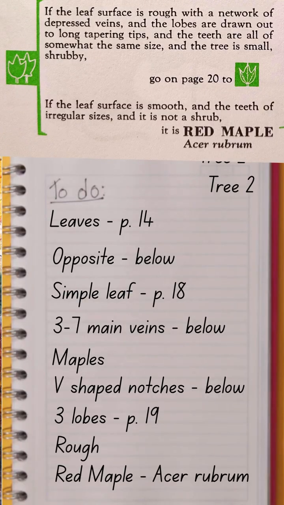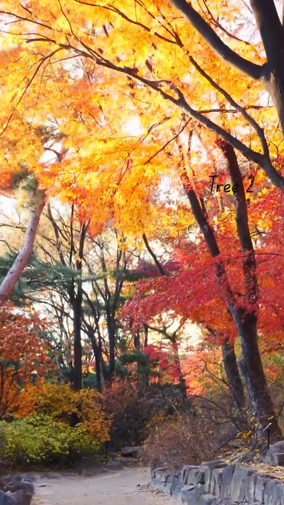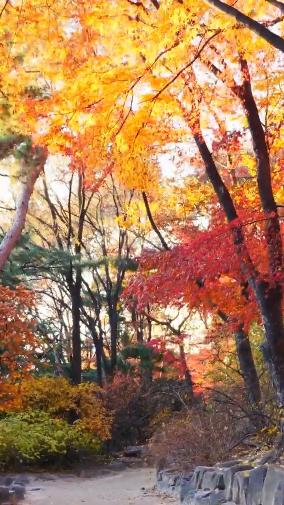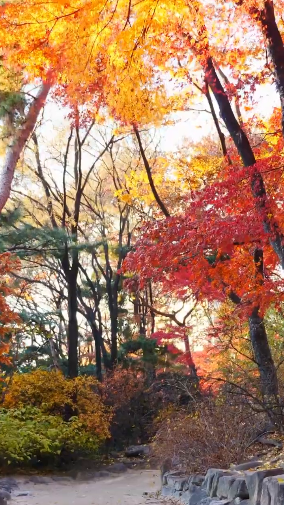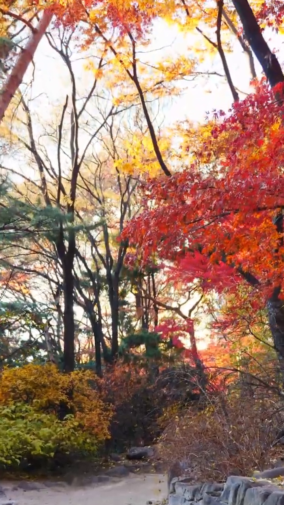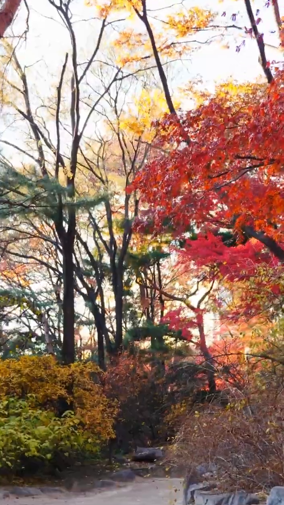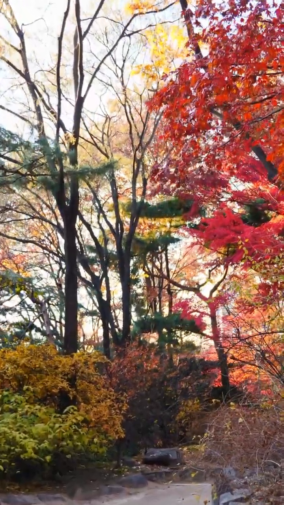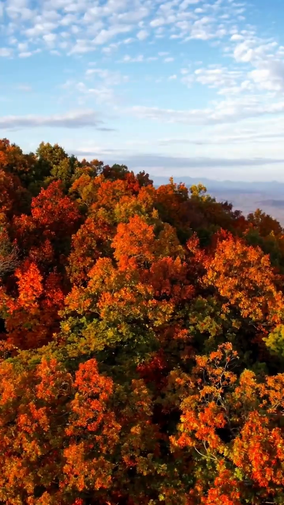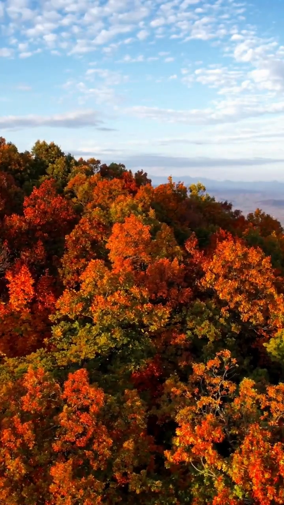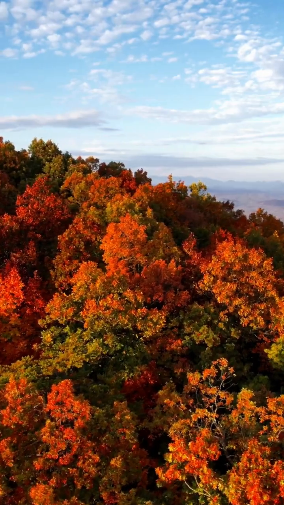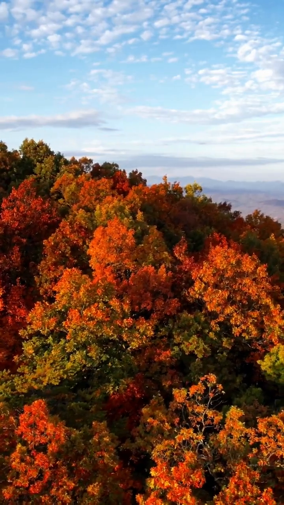The thing to keep in mind is that a lot of tree species hybridize. This one could hybridize with a silver maple and might have more of a silver backing on it. As much as we want to say everything is easy to identify, it's not. We could have differences. So do the best you can.